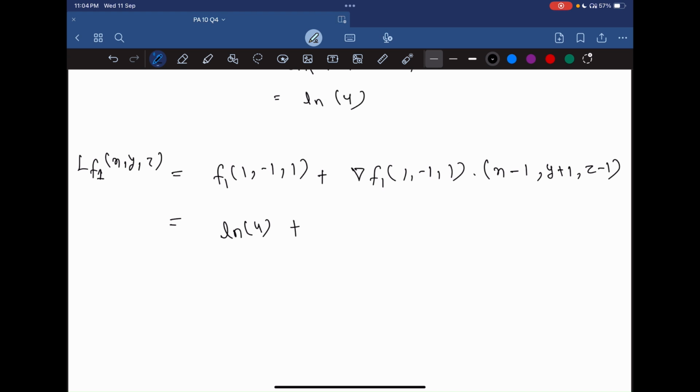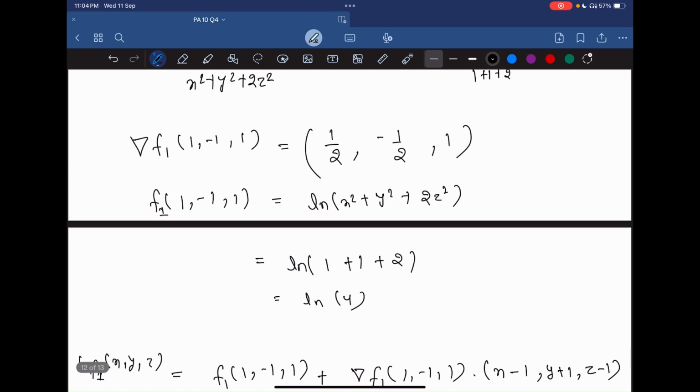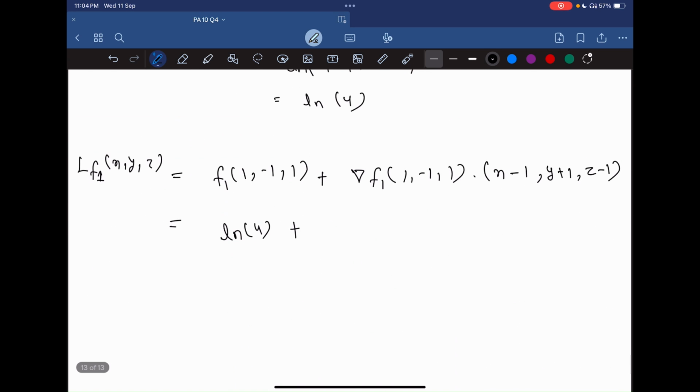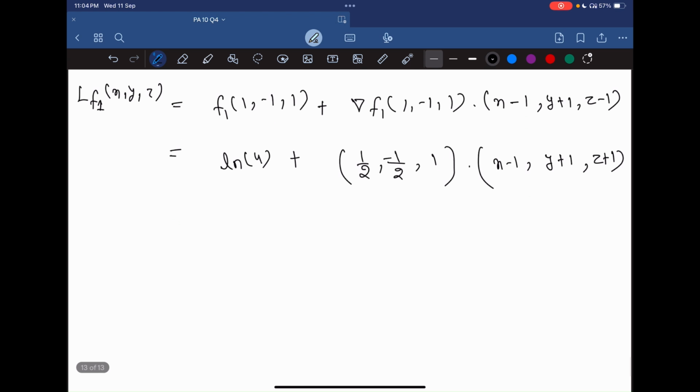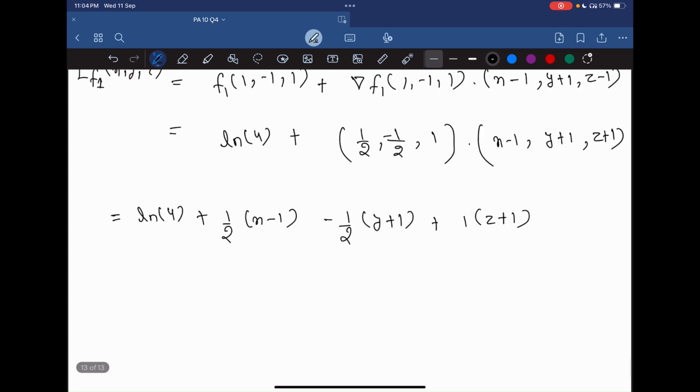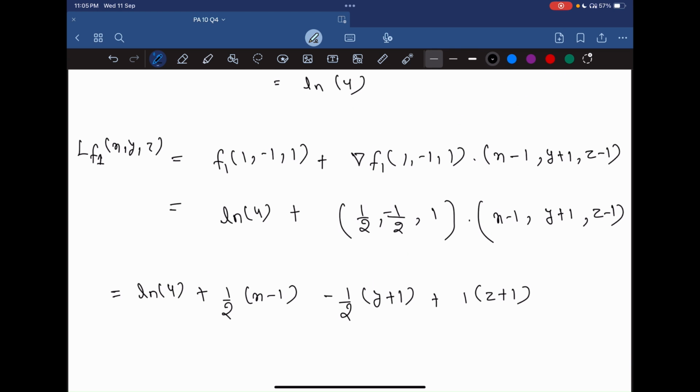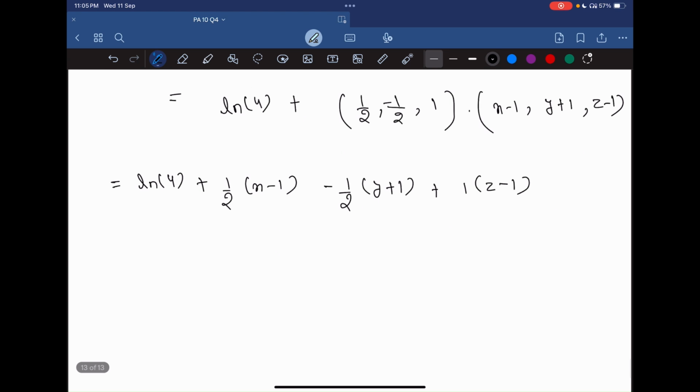So this we have already calculated. It is ln of 4 plus the gradient of f1 at the point, 1 by 2 comma minus 1 by 2 comma 1, dot product with x minus 1 comma y plus 1 comma z minus 1. Simplified: ln of 4 plus 1 by 2 times x minus 1 minus 1 by 2 times y plus 1 plus 1 times z minus 1.